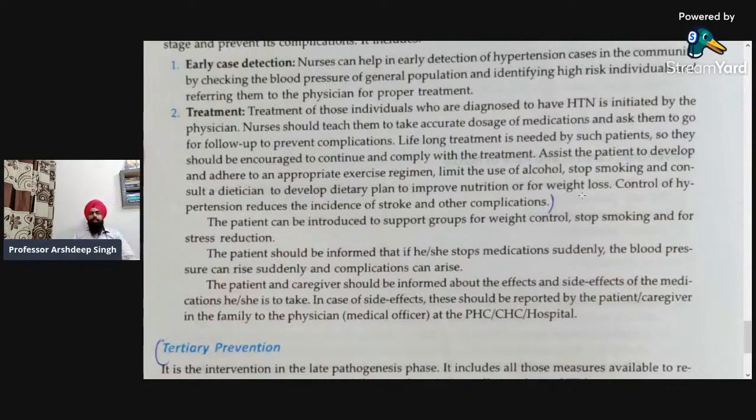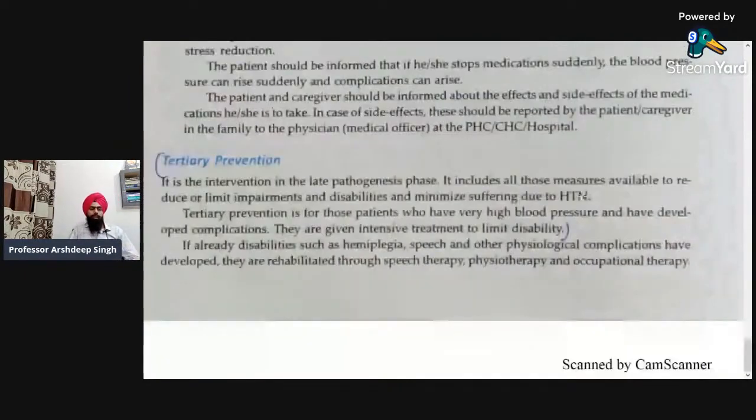Okay, so that was about early diagnosis and treatment. And at last, in today's topic is the tertiary prevention. This is the condition when there is need of rehabilitation. It is intervention in the late pathogenesis phase.